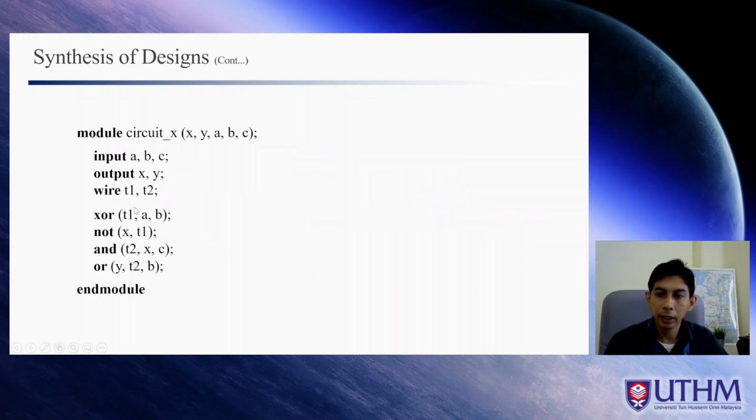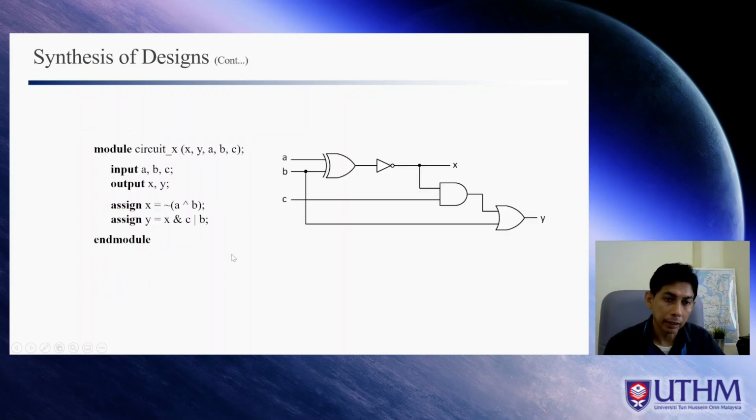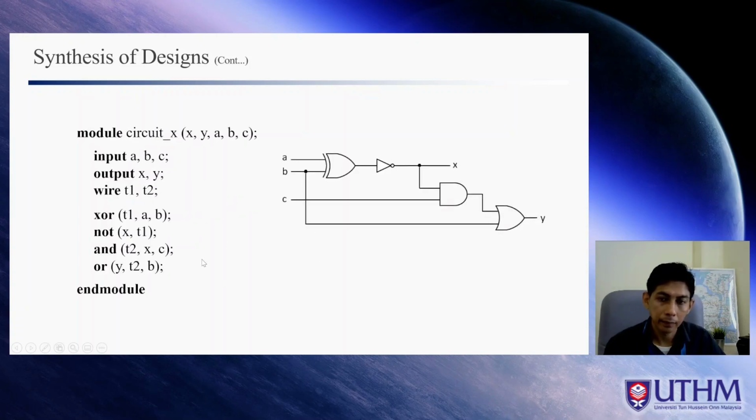Another example using structural modeling here. This is the same circuit. So now if you are given the structural code like this, you should be able to derive the circuit from the code. It's the same, but first you need to label this.